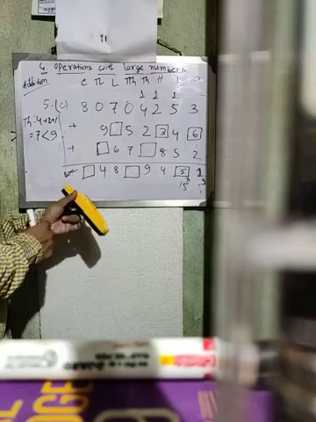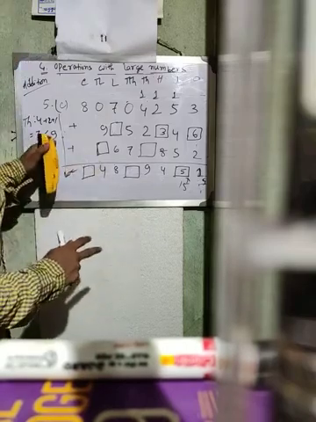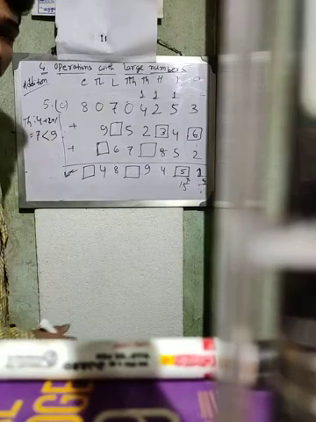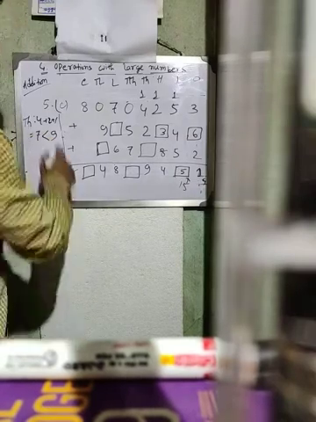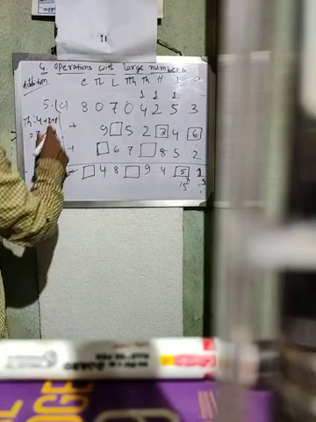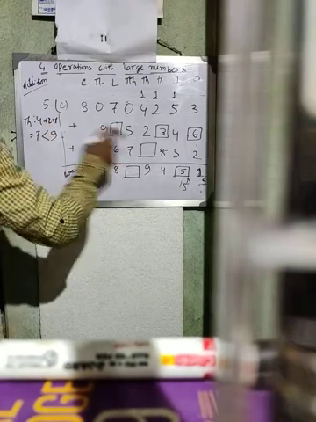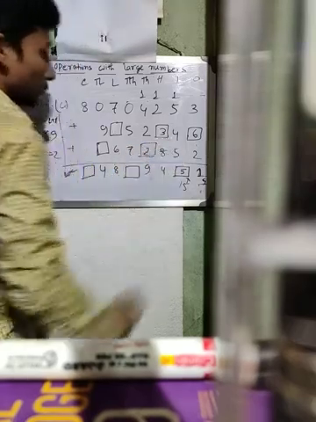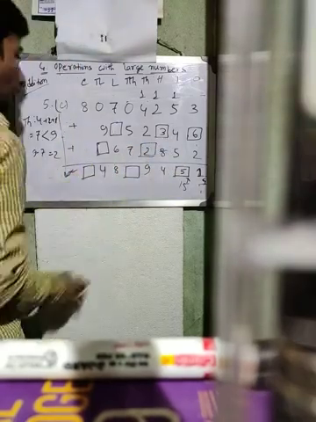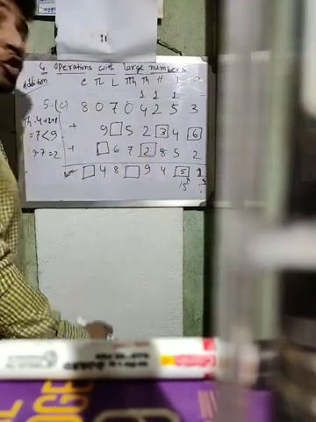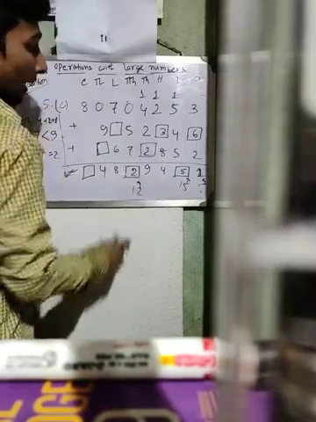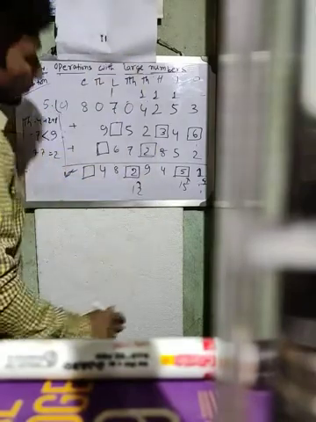So here we do not need to add 10 with this, as it is greater. Now what is the answer here? 9 minus 7 is equal to 2. Here 2. Now again 7 plus 5, 12. So 2 will be put here and 1 will be the carry.